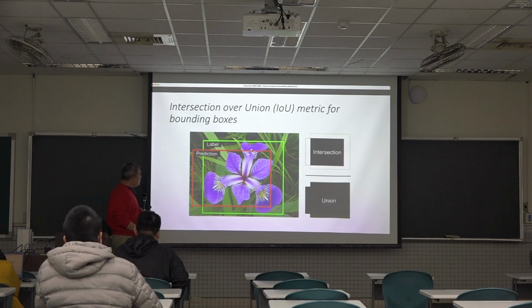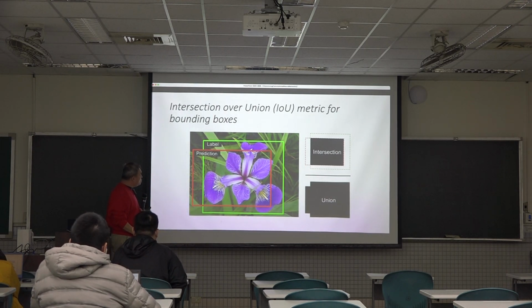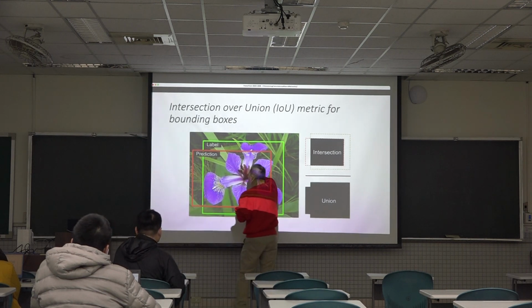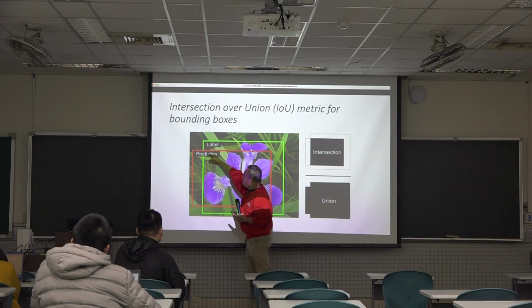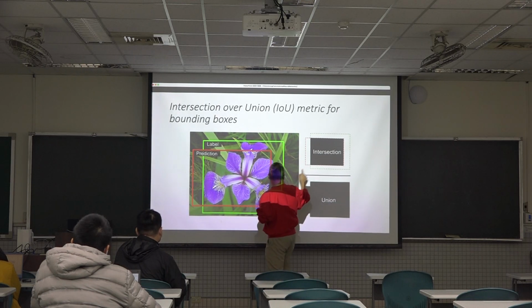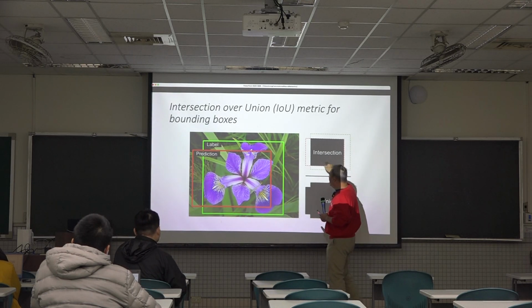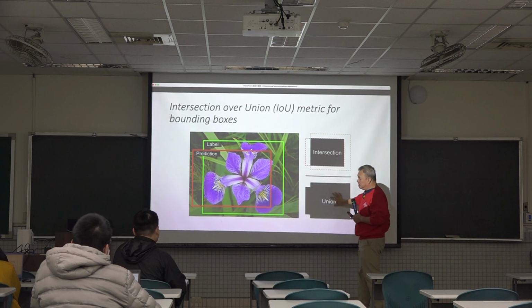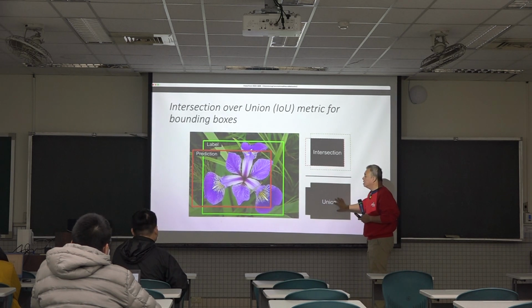Then the IOU is going to be the area of the intersection, which is obviously this one, divided by the area of the union.